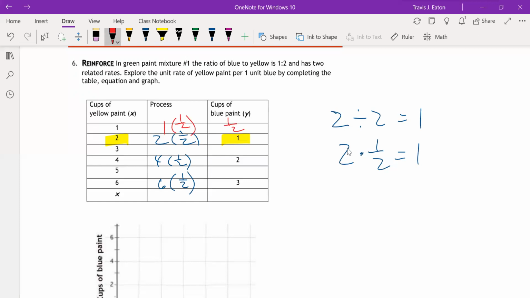And 3 times 1/2 would be 3/2. 4 times 1/2, 5 times 1/2 will be 5/2, or 2.5, same thing. That equals 1.5. This would be 2.5. Okay, but what about x?